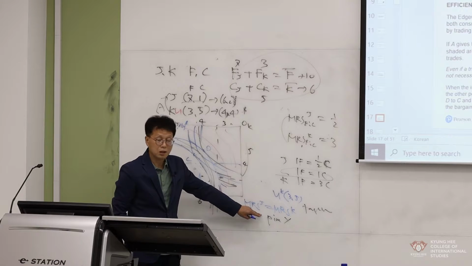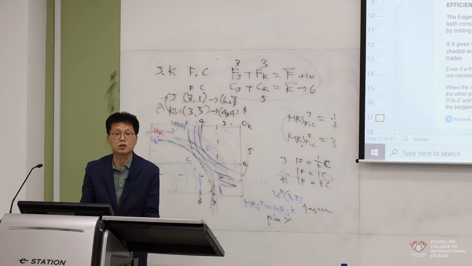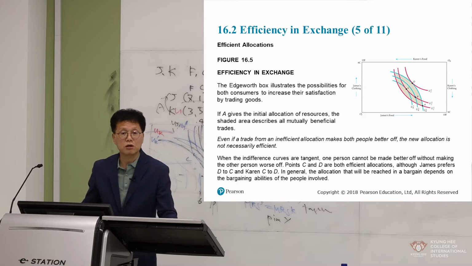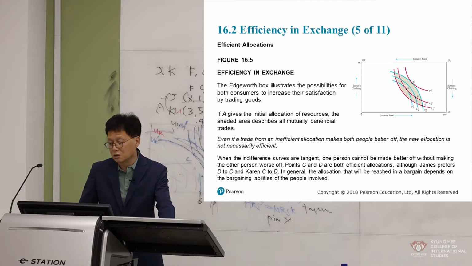That is the definition of efficiency in exchange, right? A certain situation where the two guys' MRS are equalized, thus a Pareto improvement is not possible anymore. If one guy's utility increases, then the utility of the other guy should decrease, right?